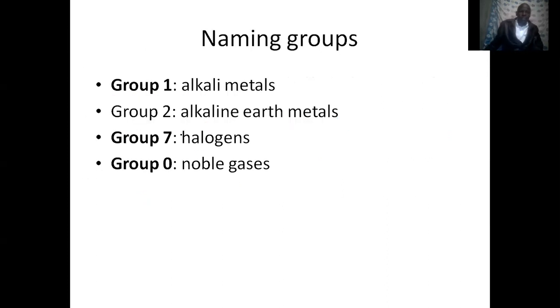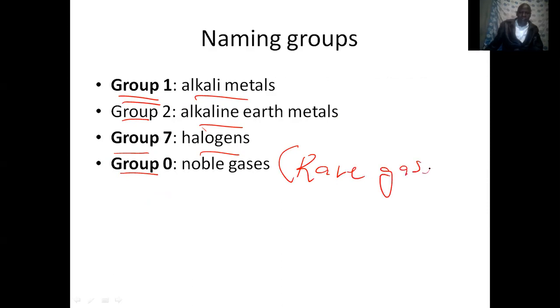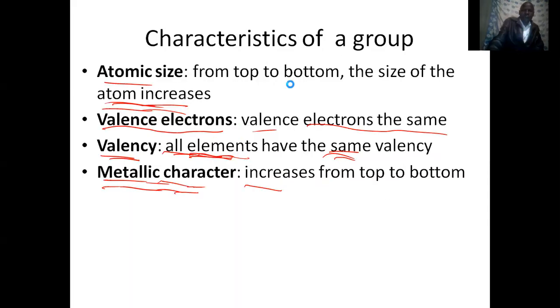And so the naming of the groups: group 1 are known as alkali metals, group 2 alkaline earth metals, group 7 the halogens, and group 0 the noble gases or inert gases. And so this has given us at least a brief background of the periodic table.